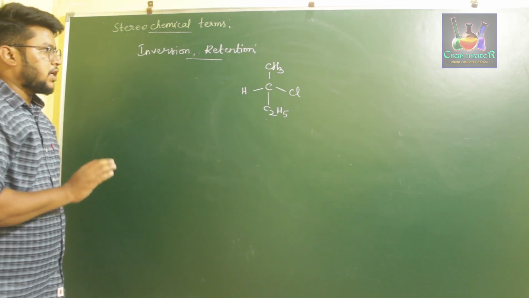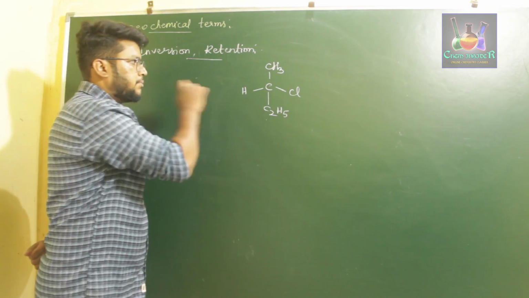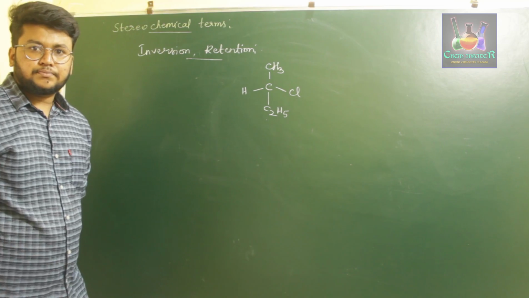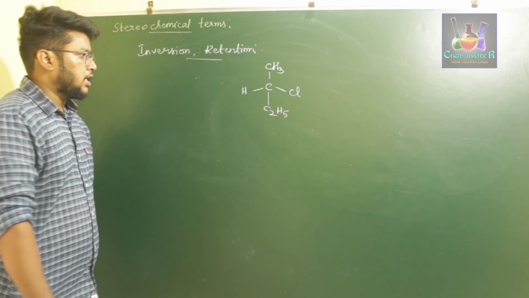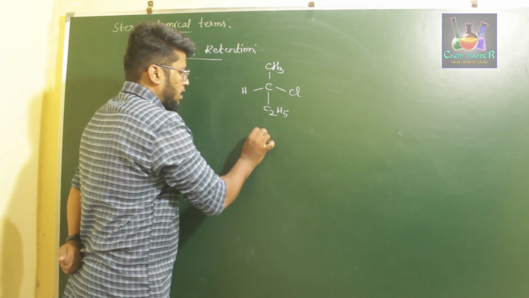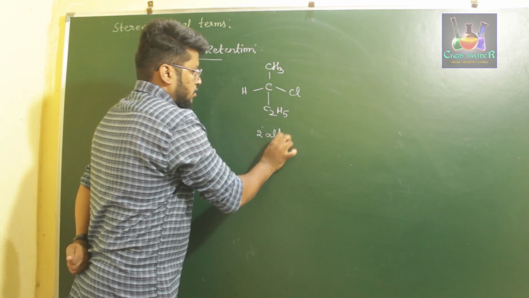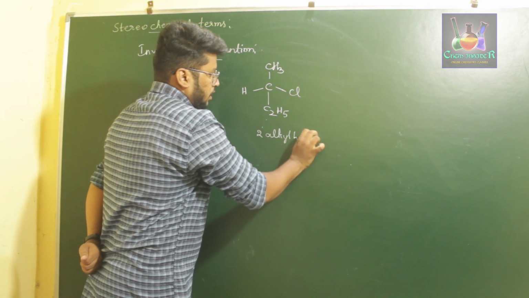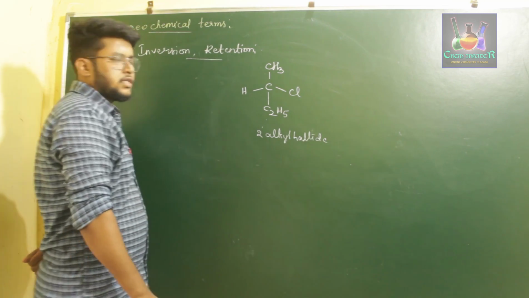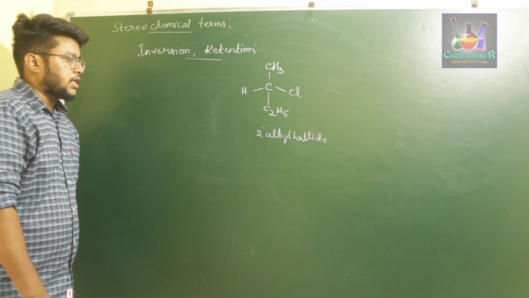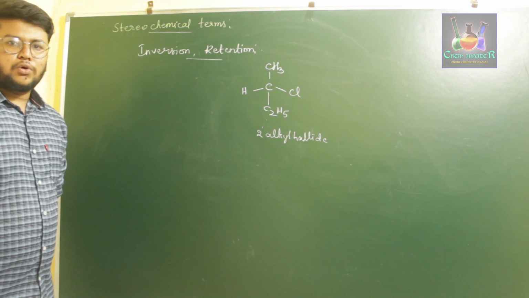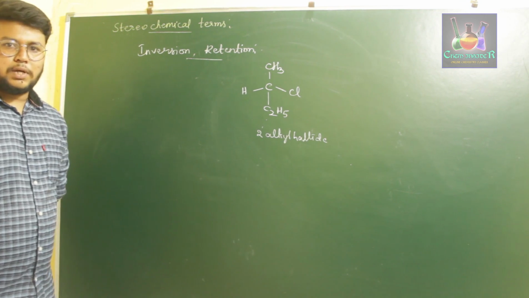Clearly we can say this carbon is a secondary carbon, so therefore this is a secondary alkyl halide. This secondary alkyl halide can undergo both SN1 and SN2 mechanism, right?